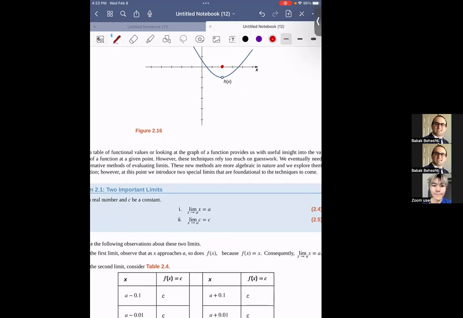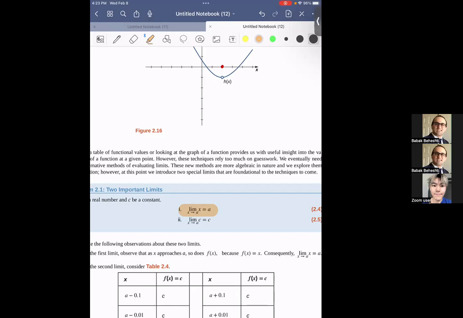So limit of x, x goes to a is a. So this is the first important rule of limit. The function f of x equal to x. So limit of x when x goes to a is a. For example, limit of x when x goes to 10 is equal to 10.